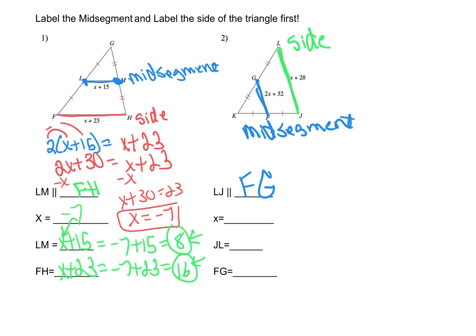It takes 2 times the midsegment, which is 2x plus 32, to equal the side, which is x plus 28.